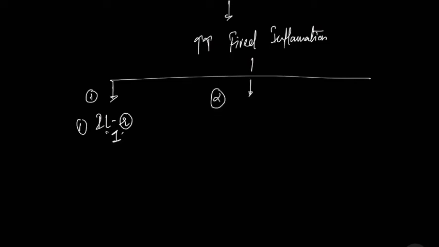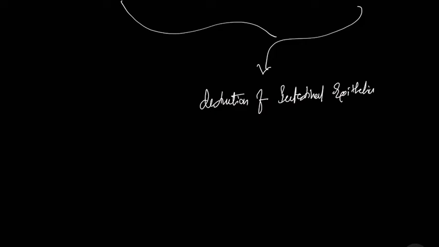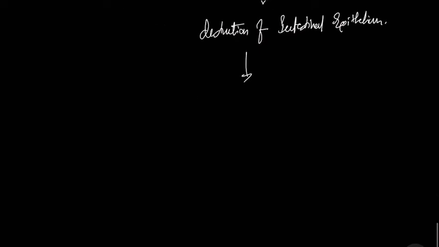The second, it increases interleukin 23. And lastly, it downregulates interleukin 10. These three factors together are responsible for the destruction of the intestinal epithelium, which gives rise to IBD, or inflammatory bowel disease.